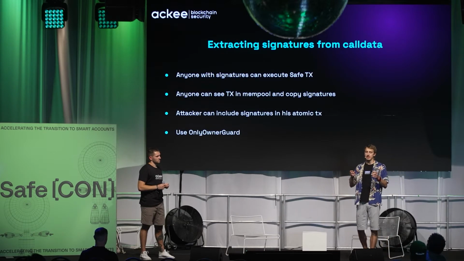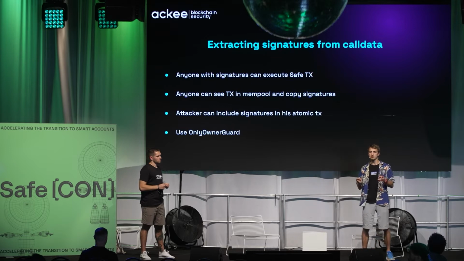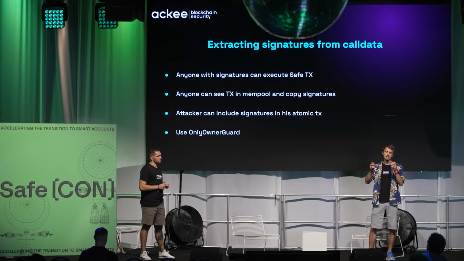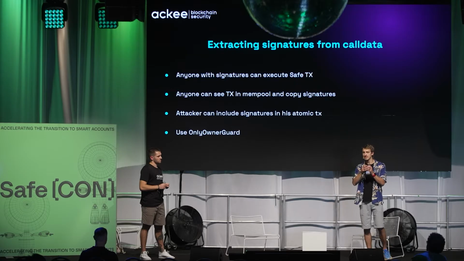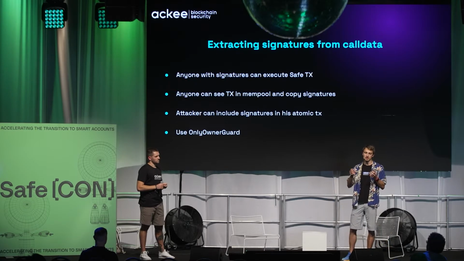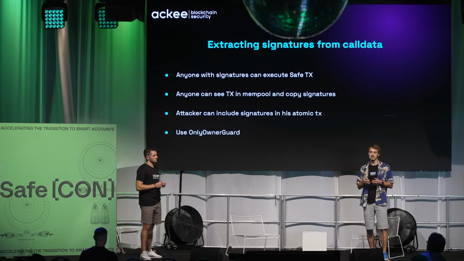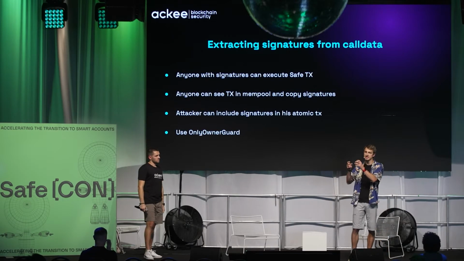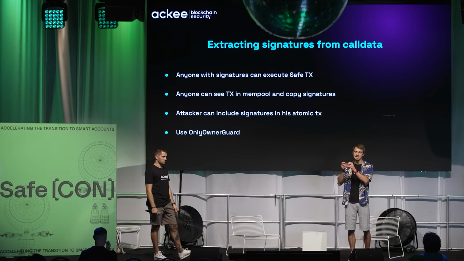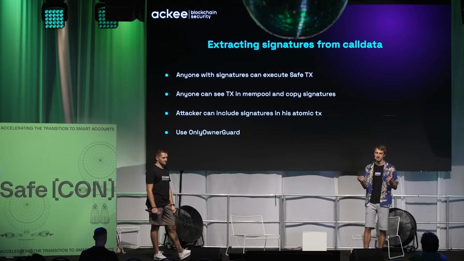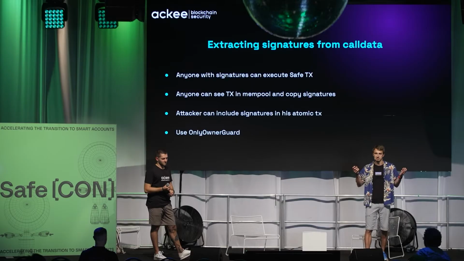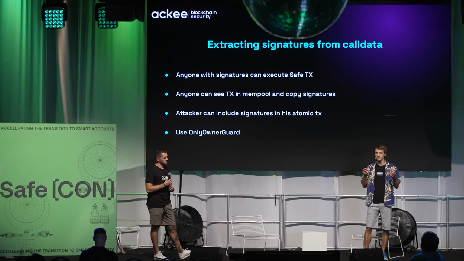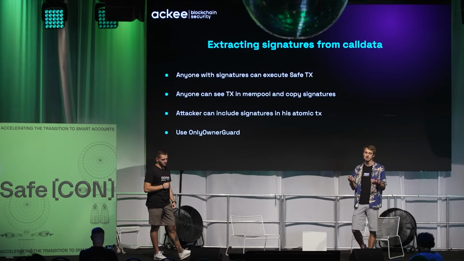So if at the beginning of your transaction you check a state of the Safe and you then expect that this state will stay the same, well, this assumption can be broken, because if you make an external call, this external contract can use the signatures that the attacker copied out and can change the state of the Safe, and thus the invariant, the assumption that you as a developer had, can be broken.